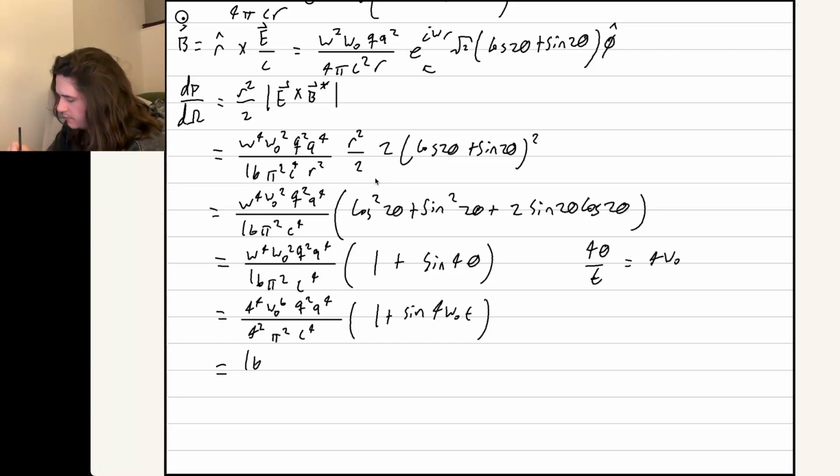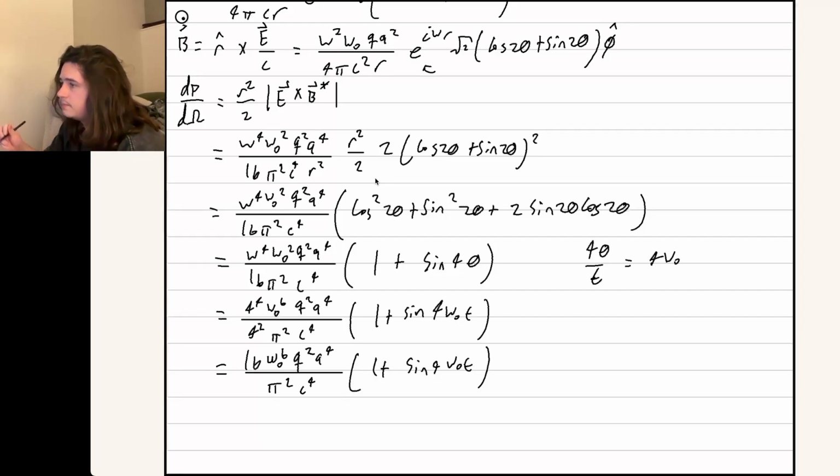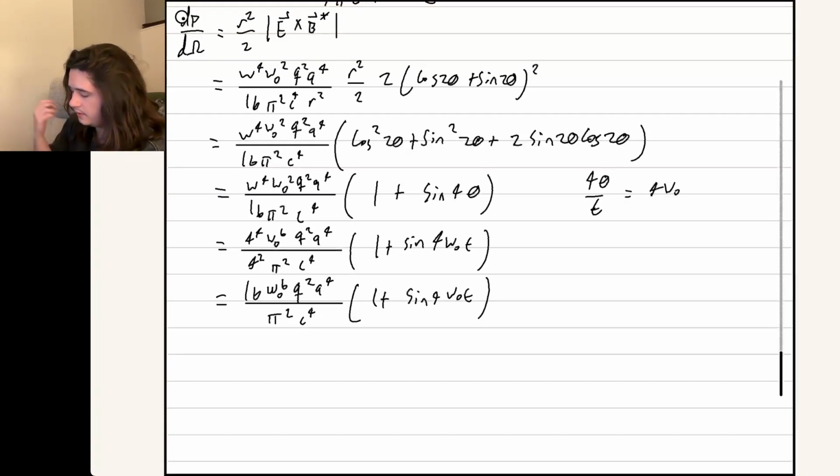And so you'll end up with a power of 16 on top, with omega naught 6th q squared a 4th over pi squared c 4th, 1 plus sine 4 omega naught t. Okay, then the power will be the integral of that stuff over solid angle.